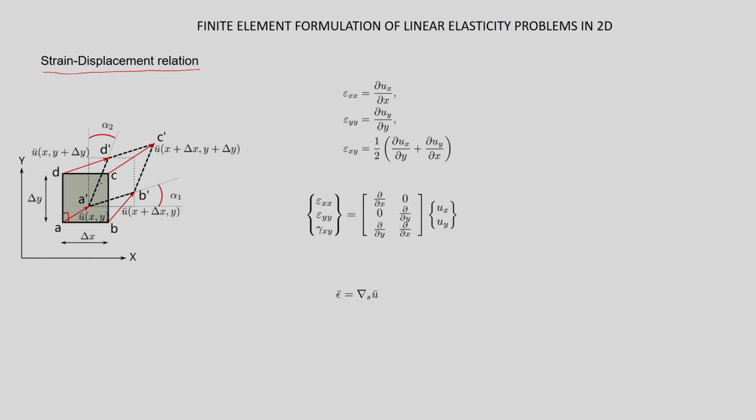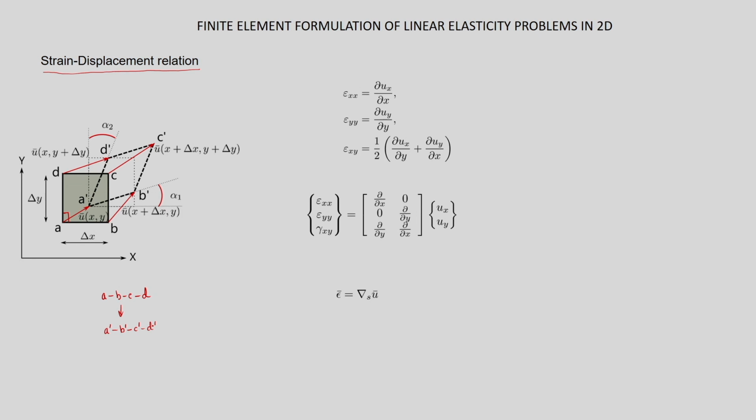As a result, this element has also deformed and acquired the configuration shown by A dashed, B dashed, C dashed, D dashed. So ABCD is the initial configuration, and after deformation we get A prime, B prime, C prime, D prime.